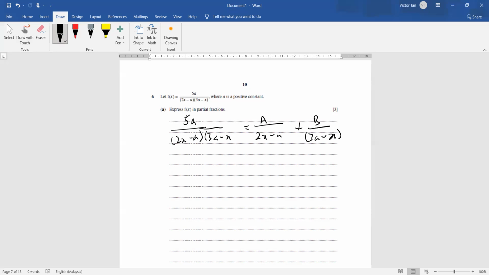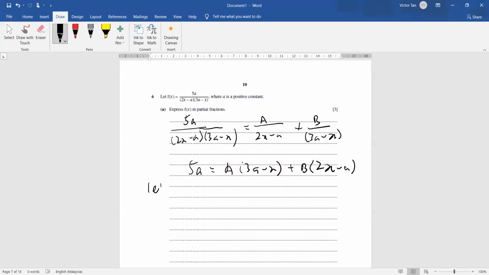So you're going to find what is the capital A and capital B. So 5a equals A times 3a minus x plus B times 2x minus a.